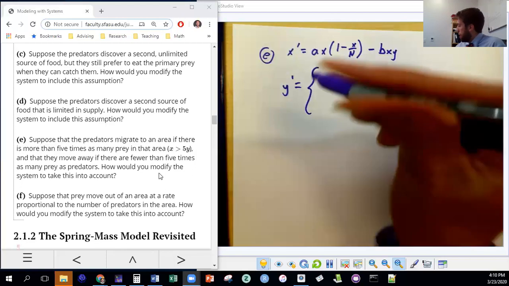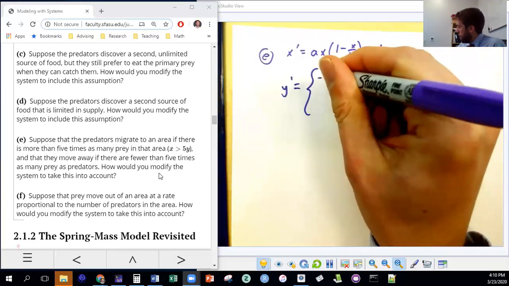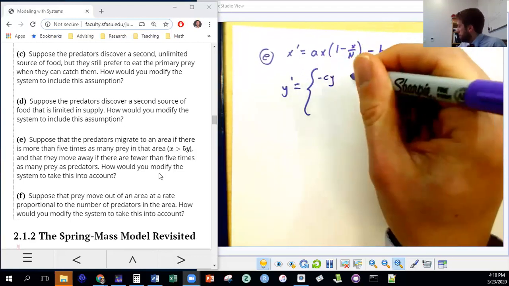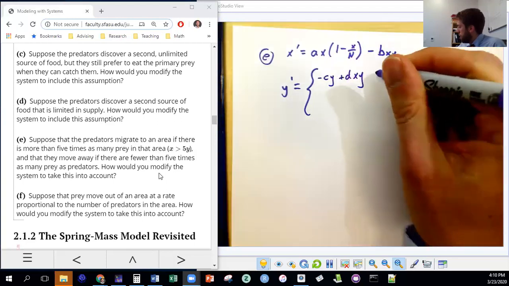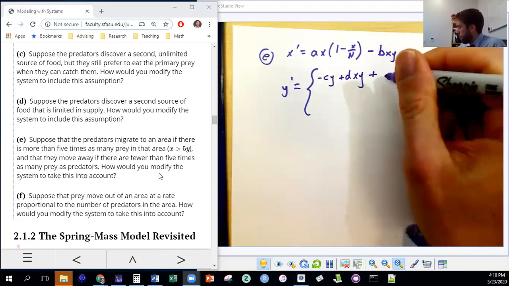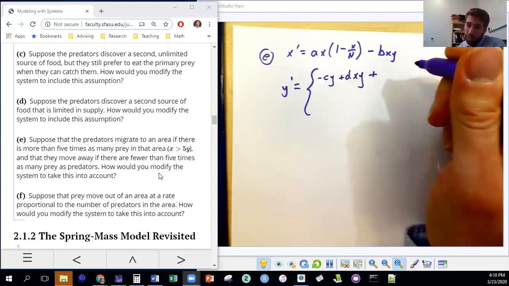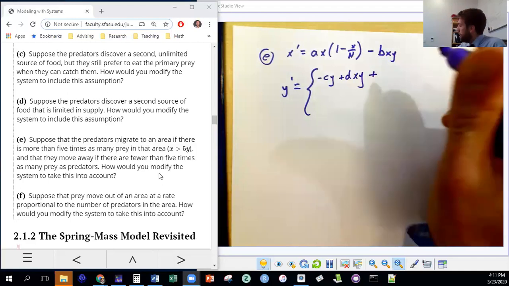here. So then we've got, let's go with those traditional cy plus dxy, and then if there's enough prey, then we're adding predators from other areas. They're moving in. So then I need a new constant, and I don't like using e. So I've got x and y, and so then I'll use k.